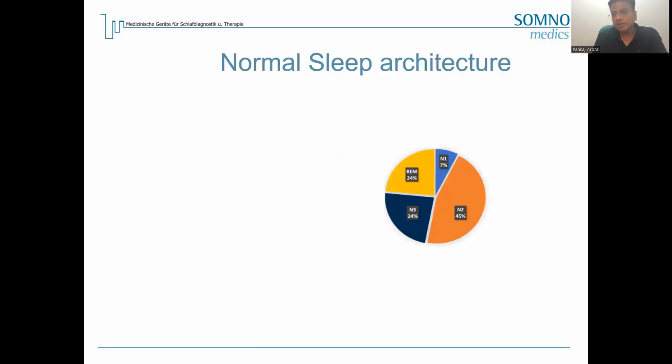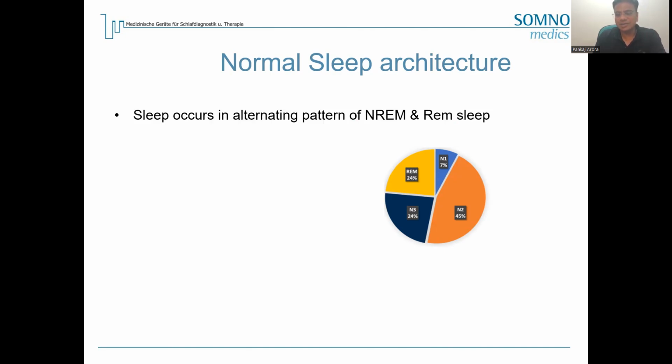Before I jump directly to what the report looks like, I would like to tell you the normal sleep architecture of a normal person. What happens when a patient tries to sleep? He enters into sleep through non-REM stage, which is called stage N1.